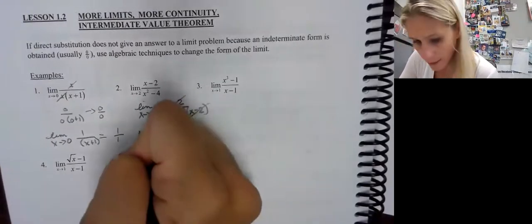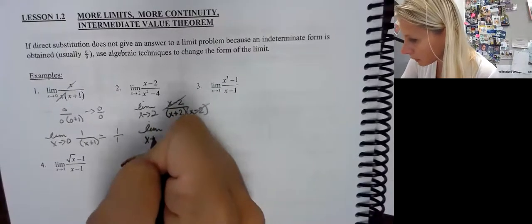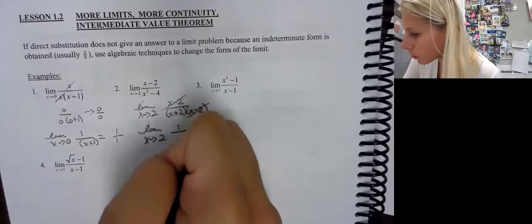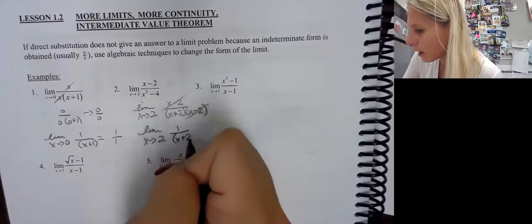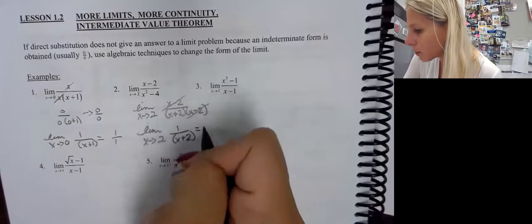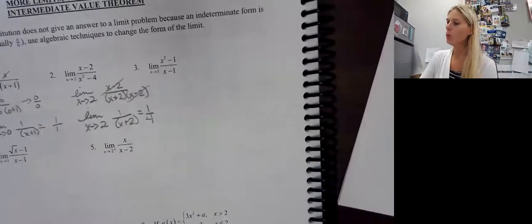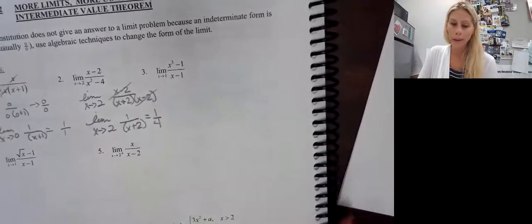Let me rewrite it again. Limit as x approaches 2. What's left in the numerator is 1. What's left in the denominator is x plus 2. Now if we do direct substitution, we get 1/4. What happens because these crossed off is there is a hole at 2.